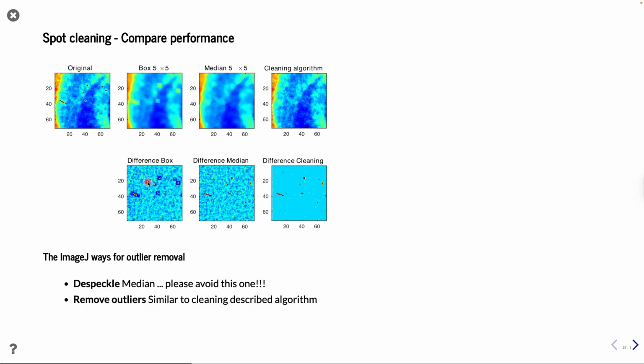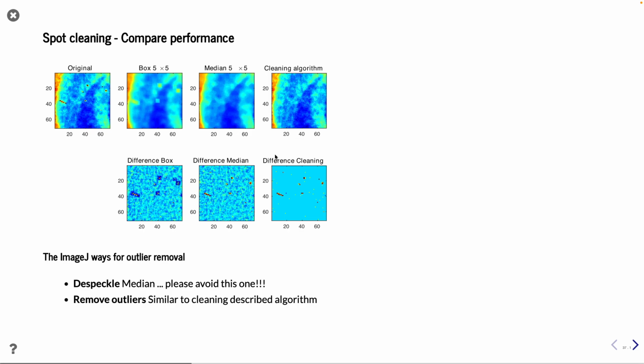So you can even see the kernel coming out here in these spots. The median filter, on the other hand, removes the spots, and you don't see these features at least, but you get some smoothing, and at this point in the processing chain, it's too early to do the smoothing. So this is also not really what we want.